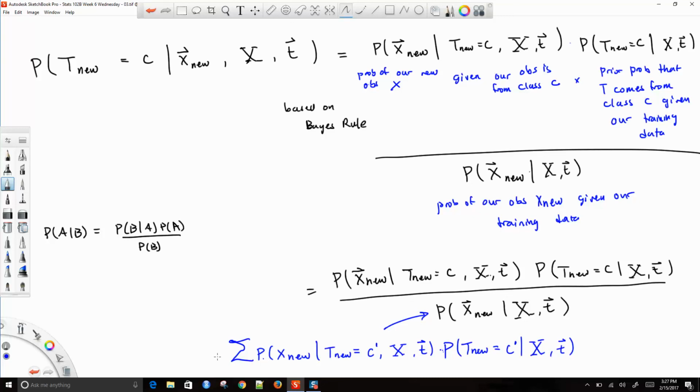So this is the probability of what our x's are across the different classes. This is something we can't compute directly. So we cannot compute probability x nu directly given x and t.